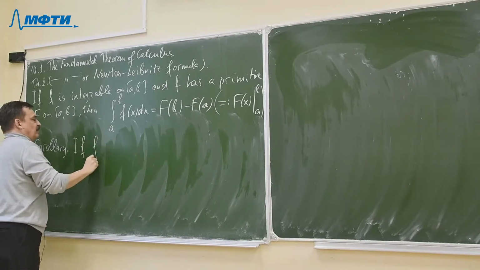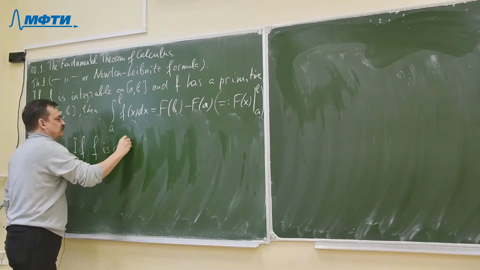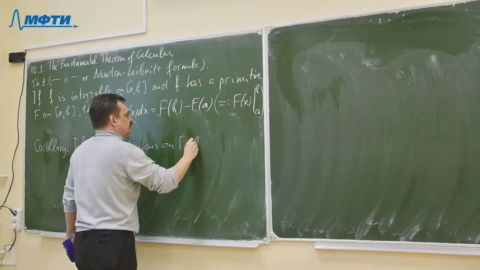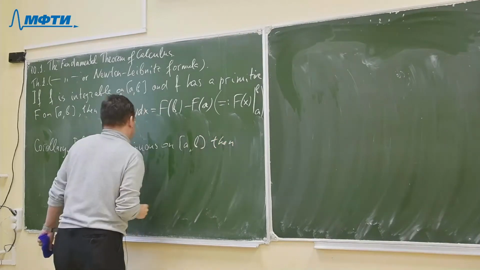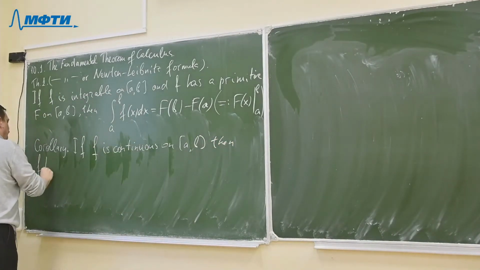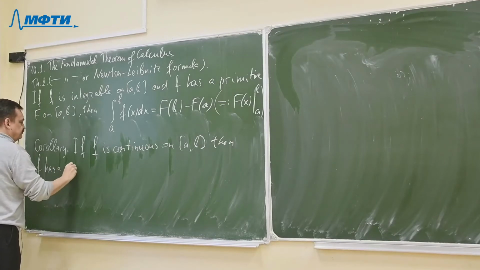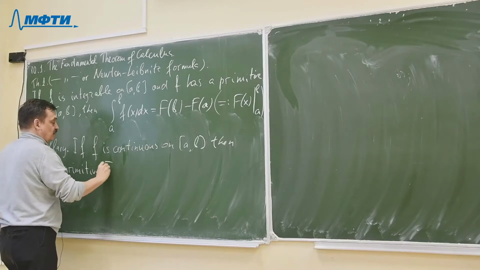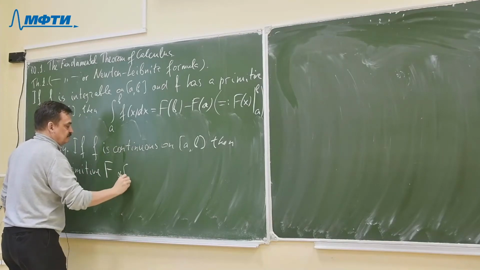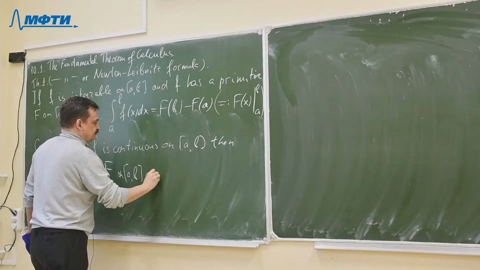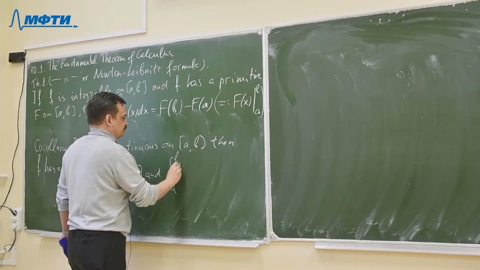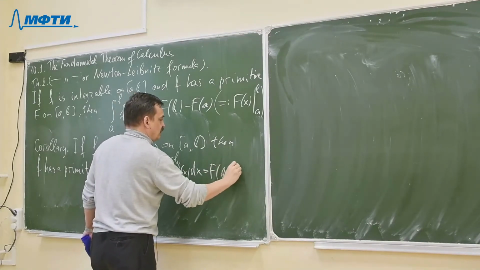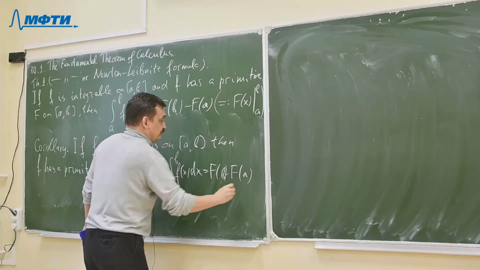If f is continuous on AB, then f has a primitive capital F on AB and the integral equals F of b minus F of a.